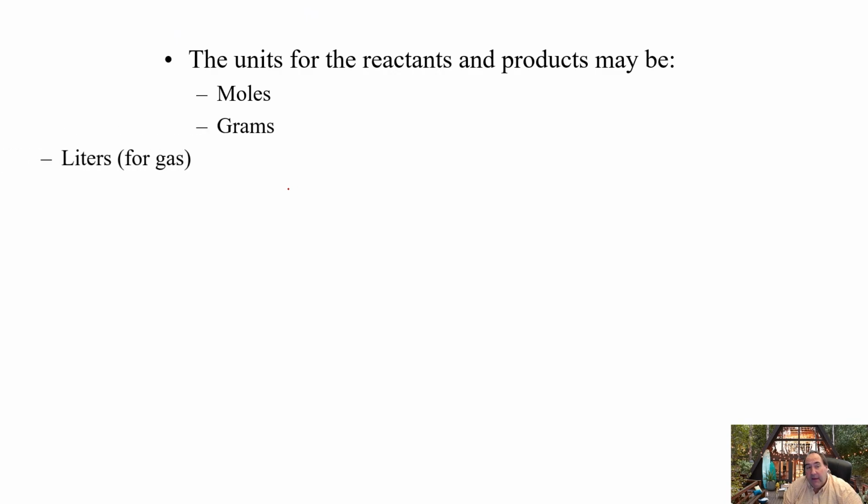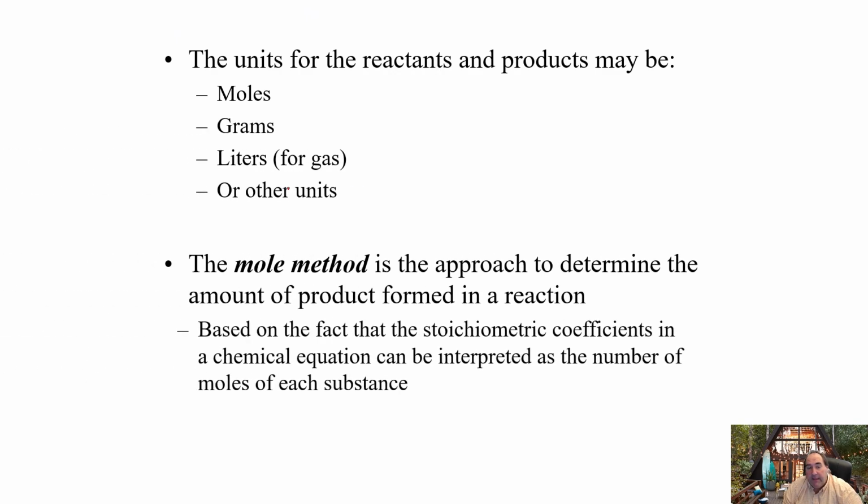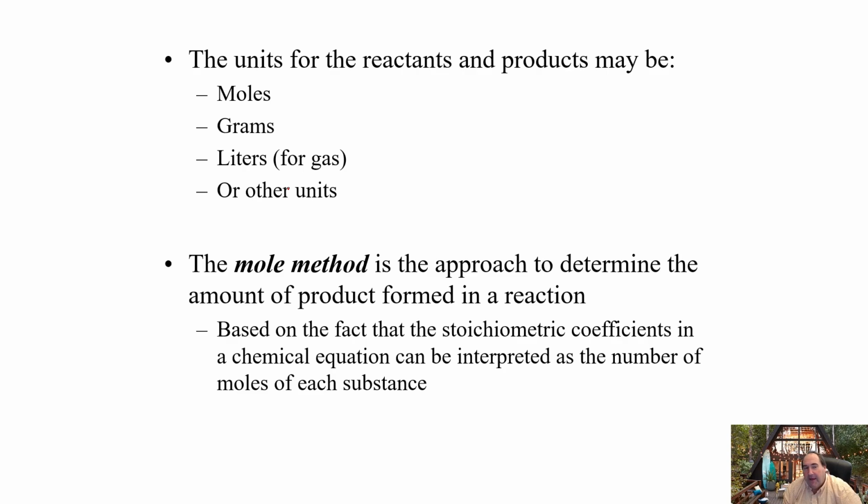The units that we deal with in stoichiometry could really be a lot of units: moles and grams. Later on, for example in solutions, we could use liters and molarity sometimes. And for gases as well, we can use liters. For this chapter, and in a lot of stoichiometry problems, we will use moles and grams as our units. Also a really important reminder: that is grams to moles, or moles back to grams.